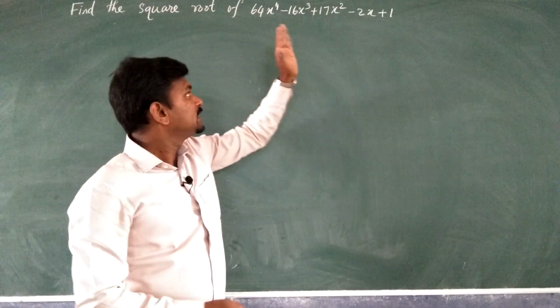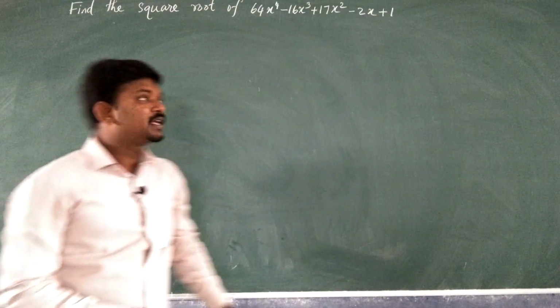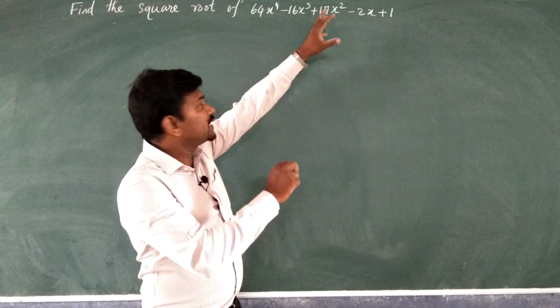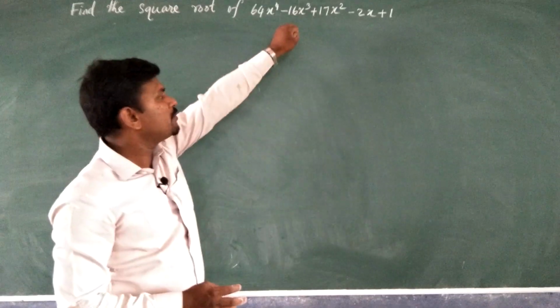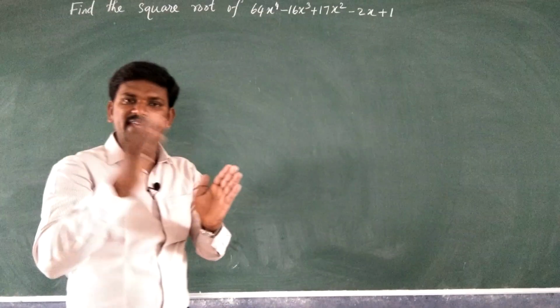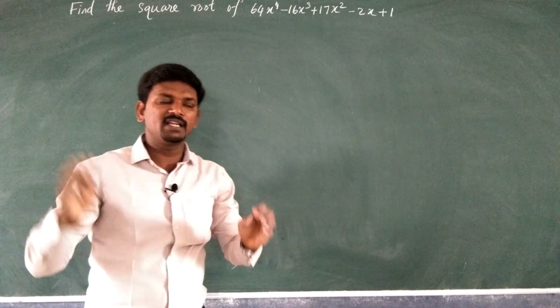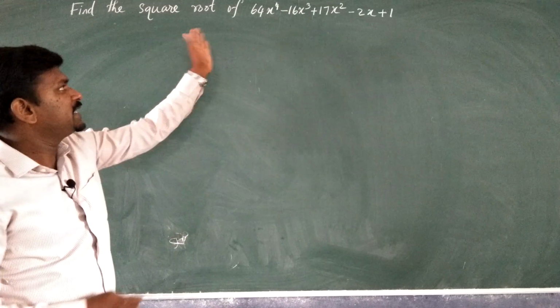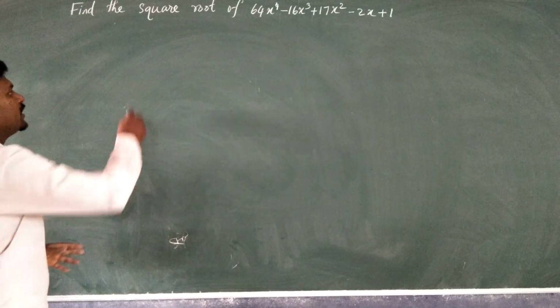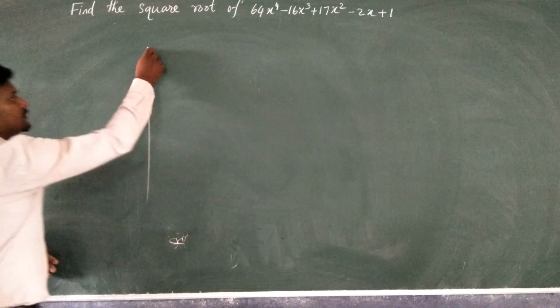If they give it in mixed form, you have to arrange the degrees of the variables in ascending or descending order. Here it is already in descending order, so we will do it as it is.